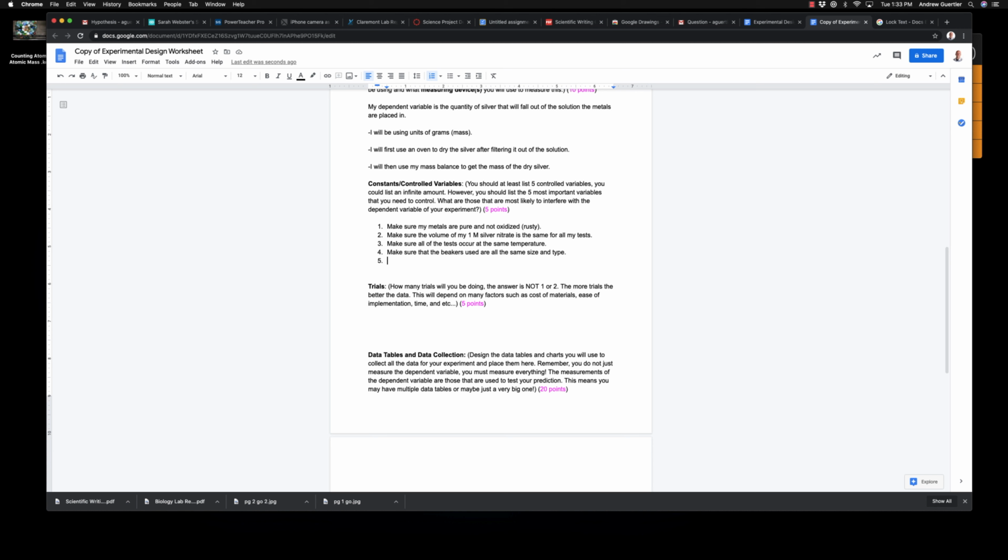And so I'm going to make sure that the light exposure and conditions are the same for all tests. And there's 5. I could go on with more, and I probably would if I was conducting this as a professional chemist. All right, so there's 5 controlled variables and constants.